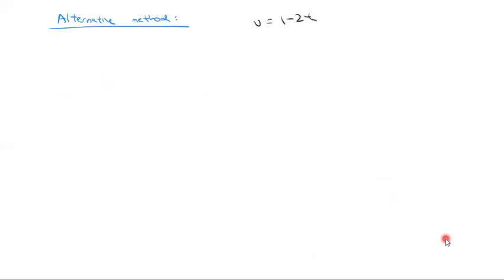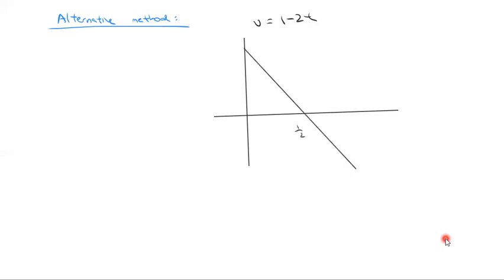If we draw that out, it'll look something along the lines of this, and it keeps going as well. Make sense?